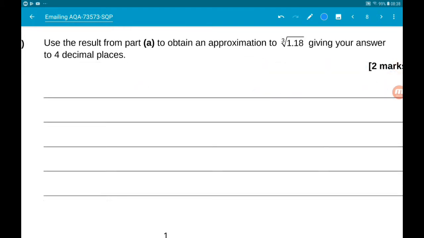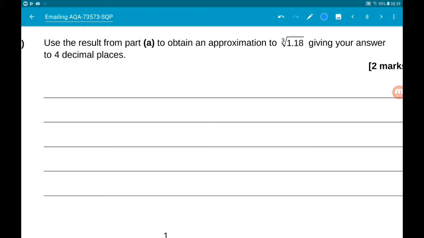Okay, part B wants us to use our answer from part A to approximate the cube root of 1.18 to 4 decimal places. So the expansion that we approximated was 1 plus 6x to the power of 1/3, or the cube root of 1 add 6x. So what we need to do is set 1 add 6x equal to 1.18 to find the value of x to substitute into our approximation.